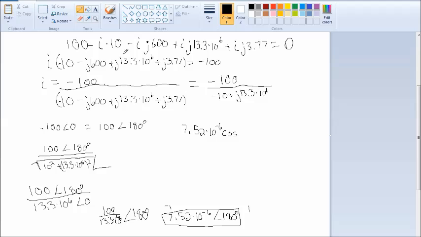Cosine of omega t minus 180 degrees. Or you can say plus, it's the same thing whenever it's 180.